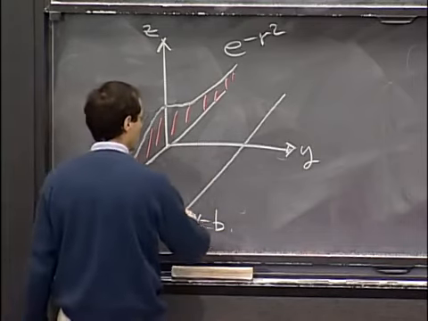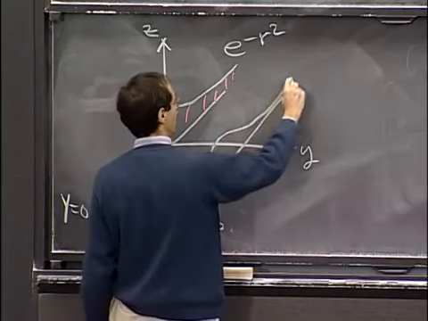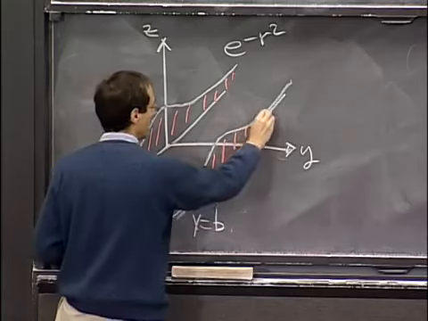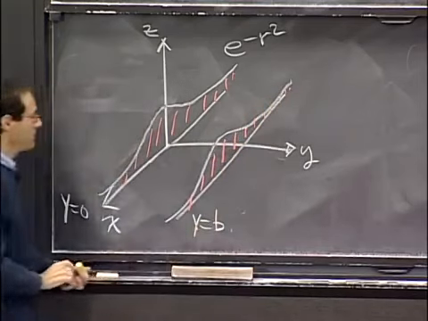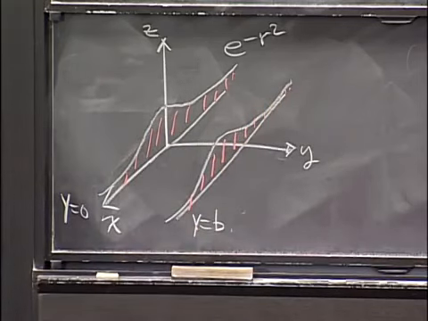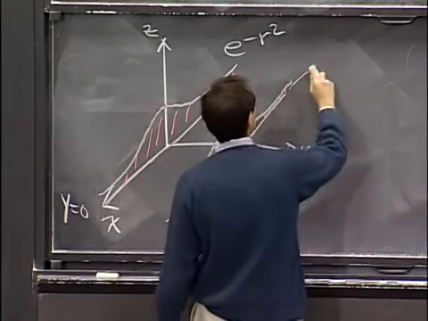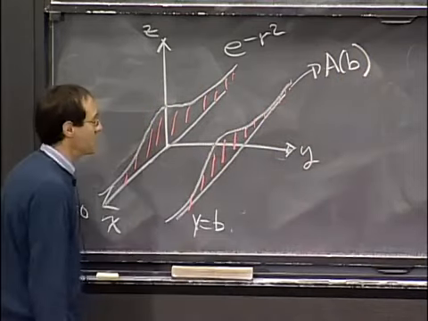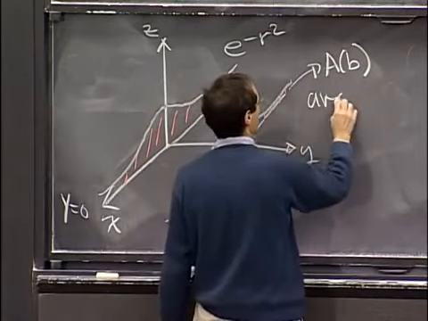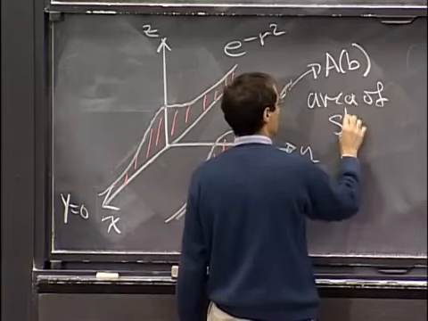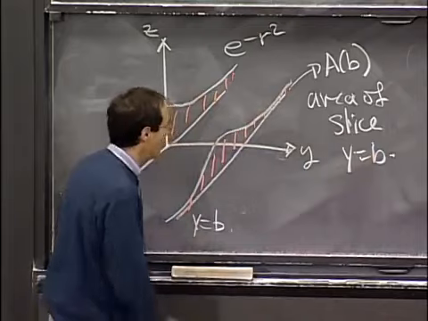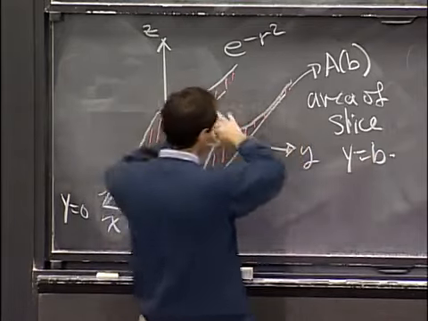And it's going to look a little bit the same way, but it's just going to be a bit smaller. So there's another slice here, like that. Now I want to give a name to these slices. I'm going to call this A of B. That is the area of the B slice, under the curve, under the surface.